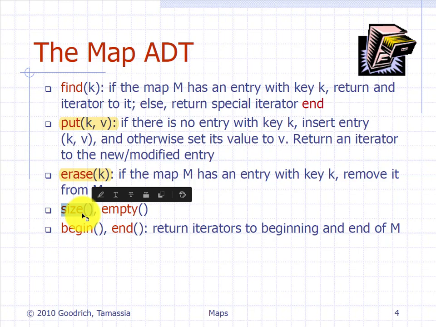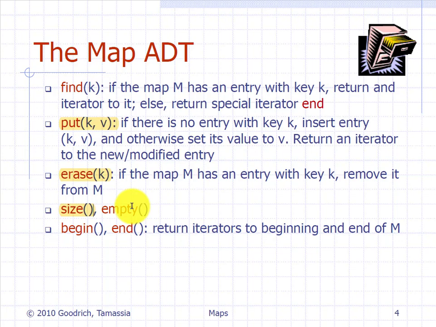The size would be O(1), because we could make it an O(n) implementation if we wanted to, counting the elements every time we call the method size. Or we could be smart about it, and every time we put something inside the map, we just increment a counter. And whenever we call the method size, we just return the counter.